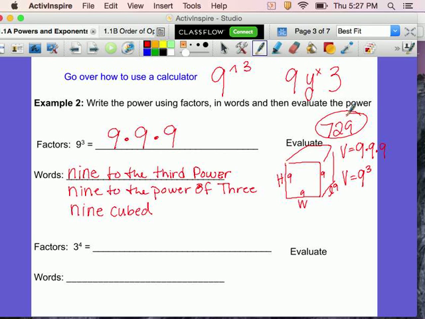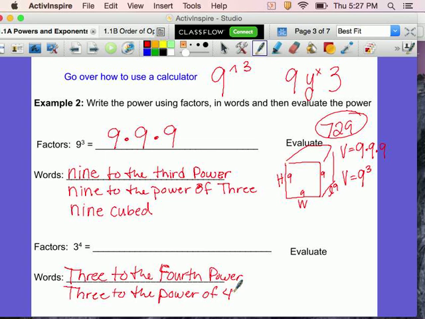Now we're going to do the same thing down here. We have 3 to the 4th power, so that's the way you would read this. 3 to the 4th power, or 3 to the power of 4.